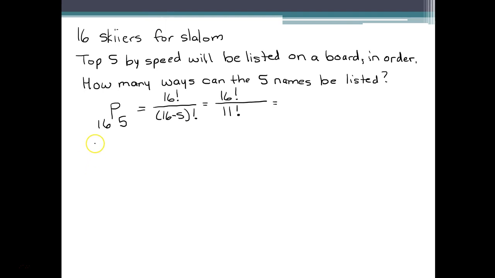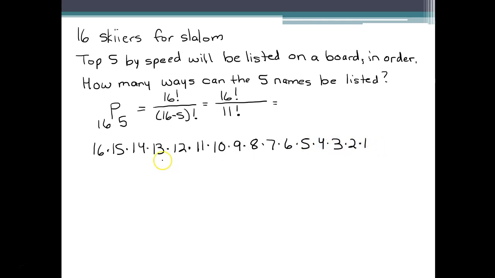So you have 16 times 15 times 14, 13, 12, 11, 10, 9, 8, 7, 6, 5, 4, 3, 2, 1. That's the numerator.